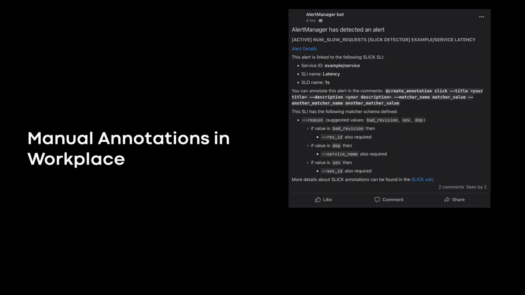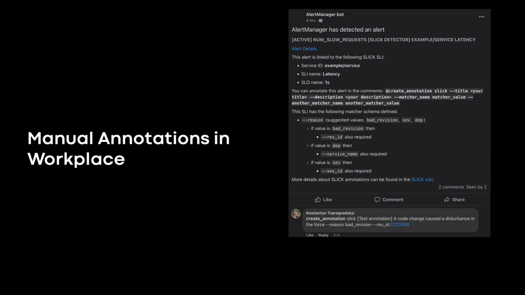Many Slick users use a workplace bot to receive notifications about events that led to SLO violations in the form of a post in their user group. We extended the text of this post to contain more information about the event that led to an SLO violation, as well as information about the schema that people will need to enter when creating an annotation by commenting on that post.